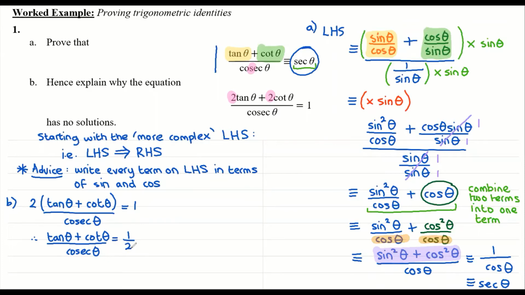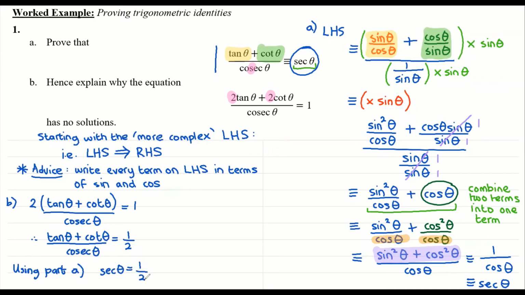And we can use the previous result now. Remember that the tan theta added to cot theta divided by cosec theta is identical to sec theta. So using part A, sec theta must equal 1/2.